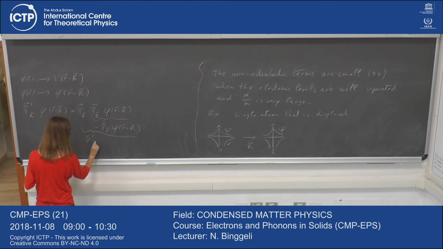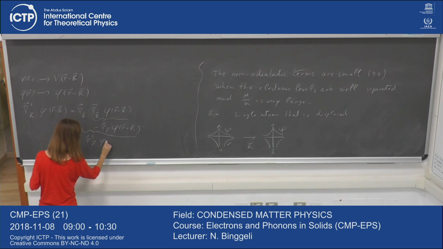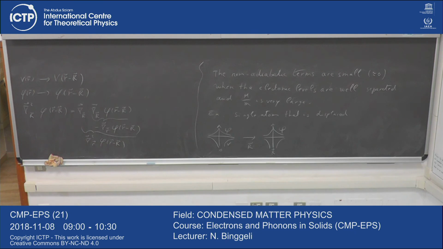So I get the second derivative with respect to small r of C of r minus capital R. This is when I rigidly move the electronic wave function, or if I assume the electronic state immediately readjusts to any displacement of the nucleus.